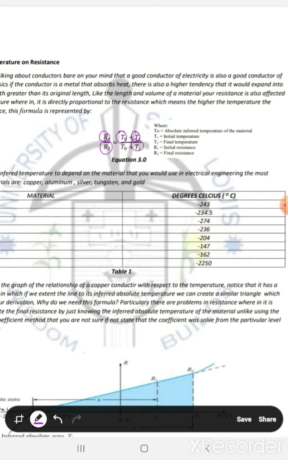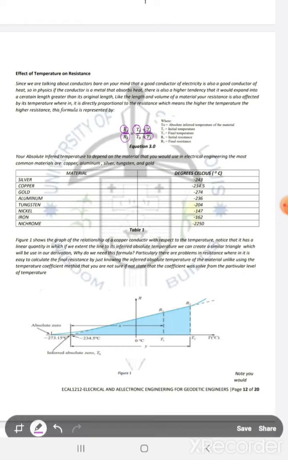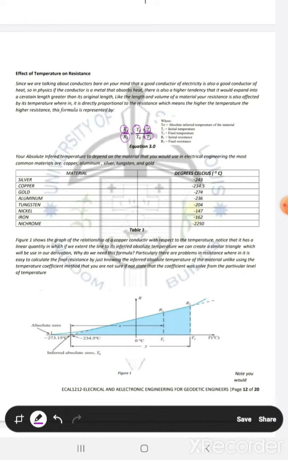Although the temperature-resistance curve is not a straight line, we draw a best-fit straight line to find the resistance at a normal operating temperature range. So T0 is the inferred absolute temperature of the material. Take note that it must be lower than absolute zero.